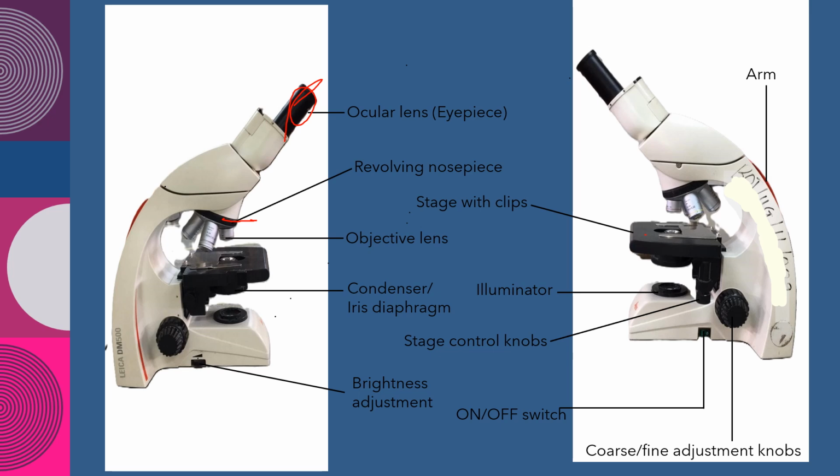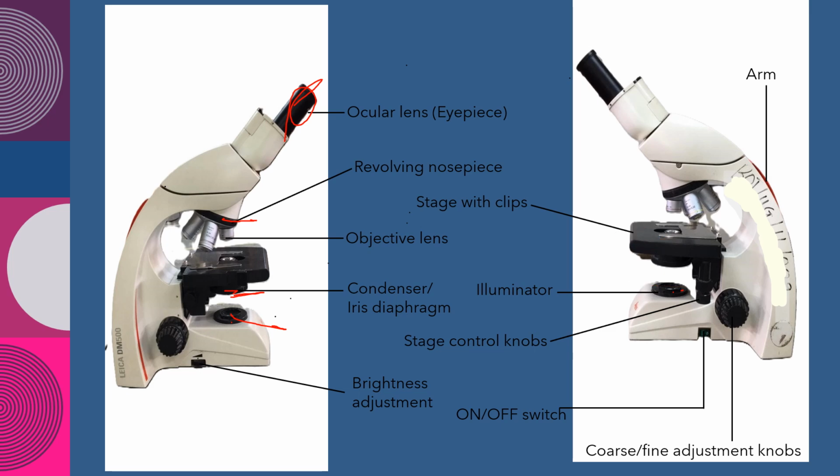So the dark side we see here is the stage, and then the silver-like metal we see here is the stage clip. Then we have the condenser and the iris diaphragm. They are down here. They are not very visible in this picture, but we'll see them in more detail as we go along. Then we have the illuminator, the light source. It's labeled here.